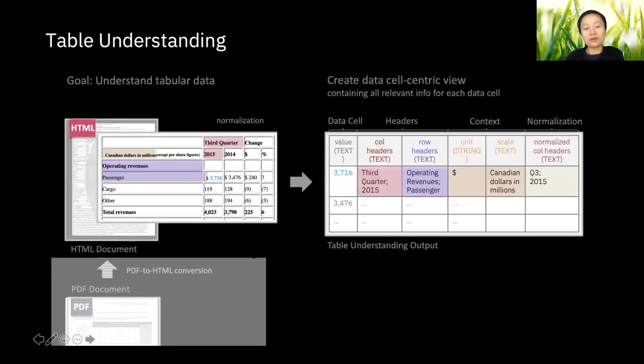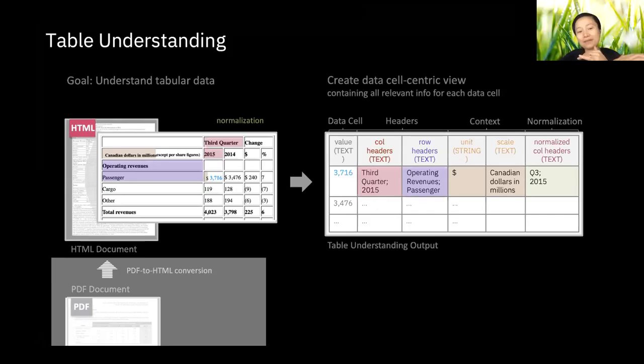So you can think of the following, right? First of all, even for the COVID-19 use case, we have data in PDF, some in HTML. So the first step is basically converting PDF to HTML. But you can only get to this level where you know, okay, this is a cell, and this is the corresponding column, this is the corresponding column above it, this is the column next to it.